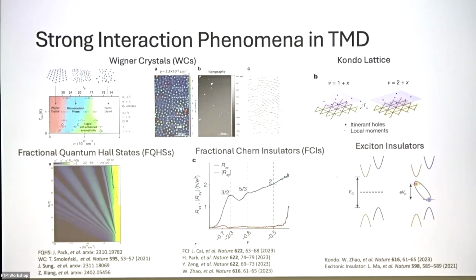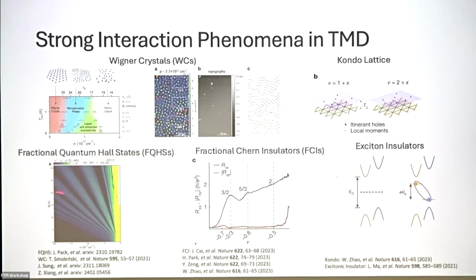And there's another paper from Berkeley, from Wang's group, and they see the Wigner crystal using STM, and this is the image of their STM. It's bilayer molybdenum diselenide, and the dots show the electrons, while the red dots show the charge impurities. That's one example of interaction physics in TMD.